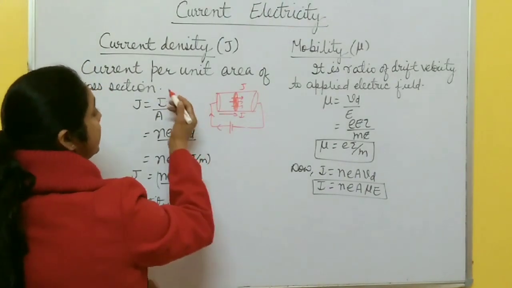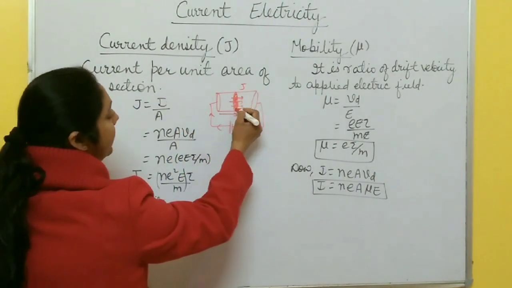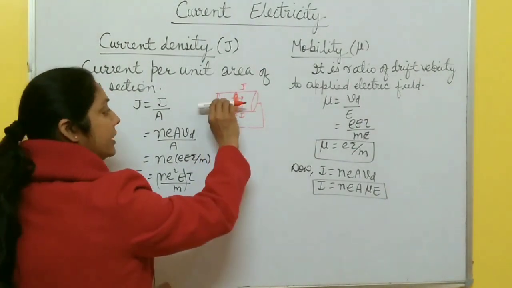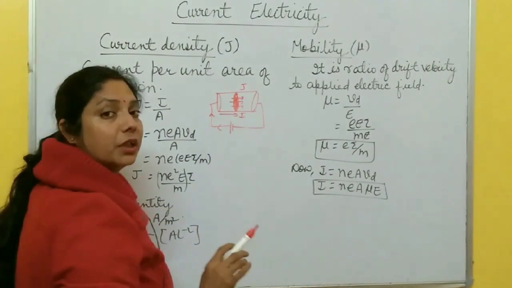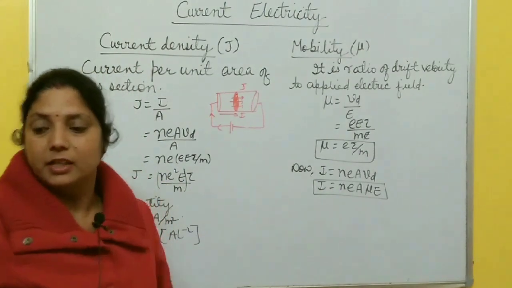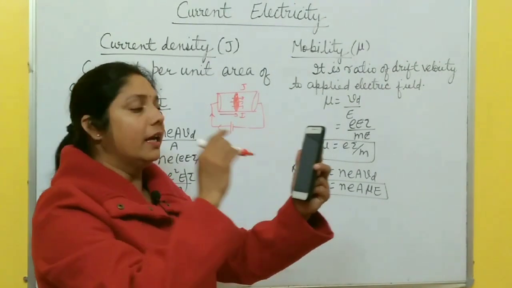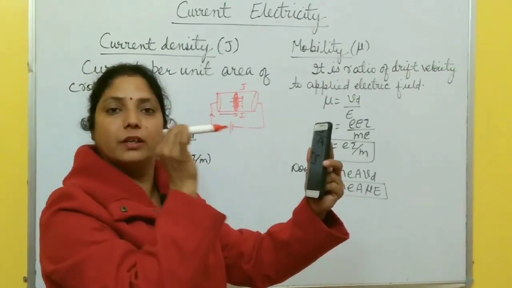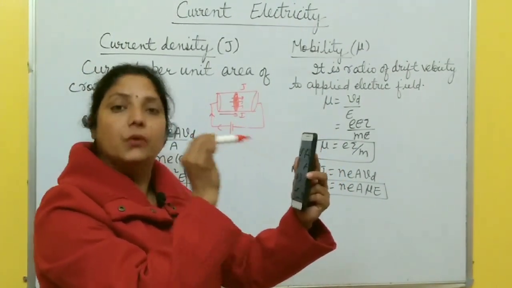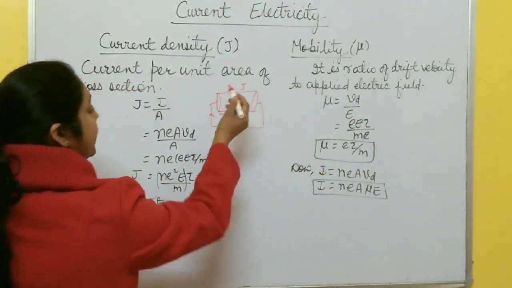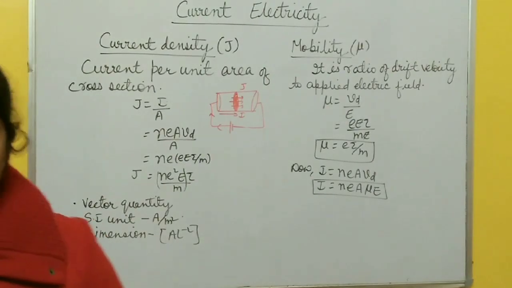So how much current is flowing through a particular area is called current density, provided the direction of current and the area are normal to each other. Suppose this is a plane area and current is flowing like this, both normal to each other, so that current passes through this area, and the direction of current density is the same as that of the area.